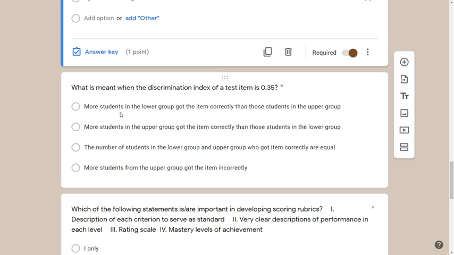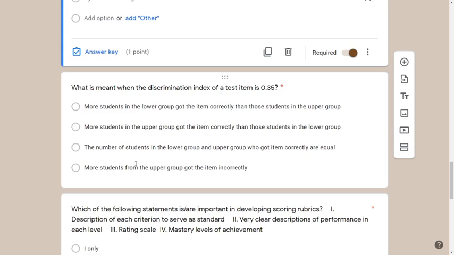B, more students in the upper group got the item correctly than those students in the lower group. They seem to be the inverse of each other. It's the opposite. So I would be eyeing A and B.